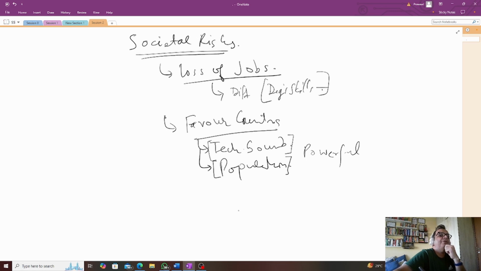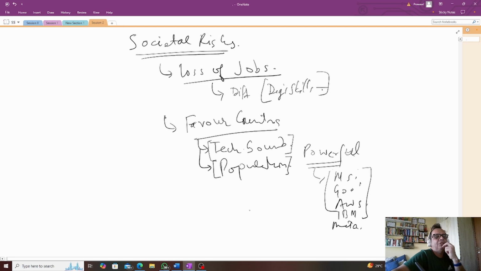If we see today, most of your cloud and AI is coming from either Microsoft, or Google, or Amazon, or IBM. Primarily these are the companies that are holding most of it, or maybe Meta, etc. So most of these companies come from the US. There is hardly anything that is outside of the US.